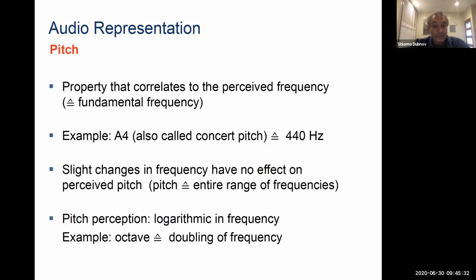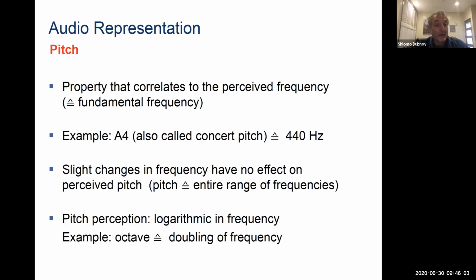Another thing is that the way we perceive pitch is not linear in frequency. We will come back to this when we talk about Mel-frequency representation. The analysis we did so far, in all the graphs, the frequencies were going linearly, but the way we actually perceive it is logarithmic, and the invariance, where we're doubling the frequency, is called an octave.